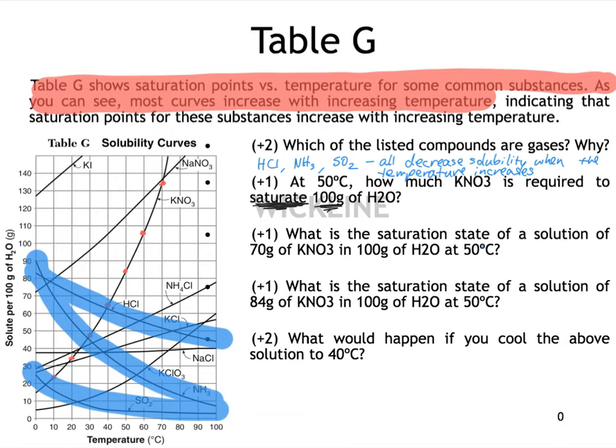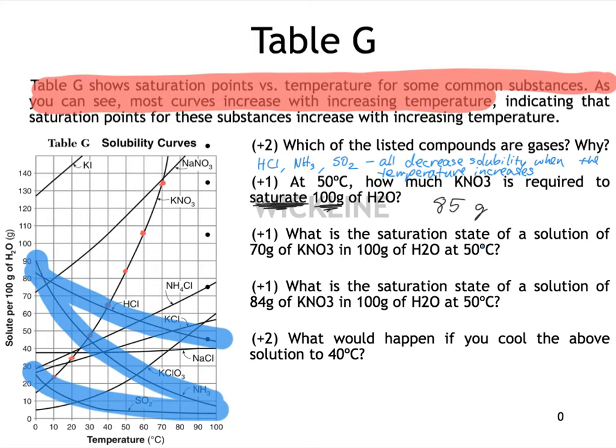Let's just go to the place where 50 degrees Celsius intersects potassium nitrate's line. So as I home in on this, I'm going to go to 50 degrees Celsius first, and I'm going to move up until I can touch potassium nitrate. It is here. So this is a data point. I need to read on the y-axis the value. So I go all the way over here, and I'm getting something around 85.